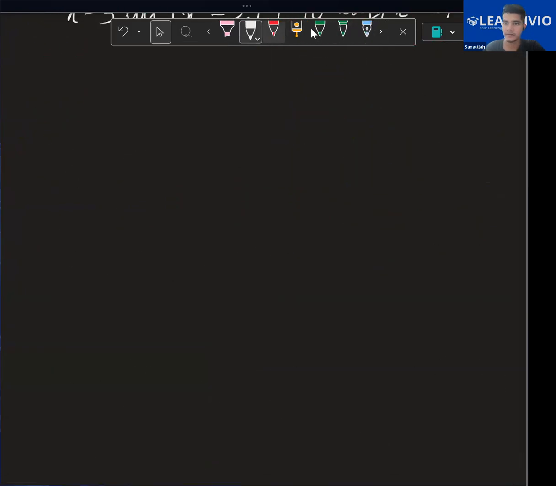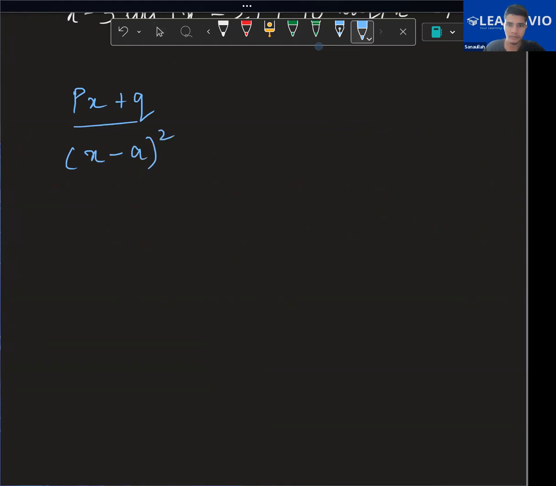So instead of this, if you have px plus q over x minus a square, then you will write this as a upon x minus a plus b upon x minus a whole square.